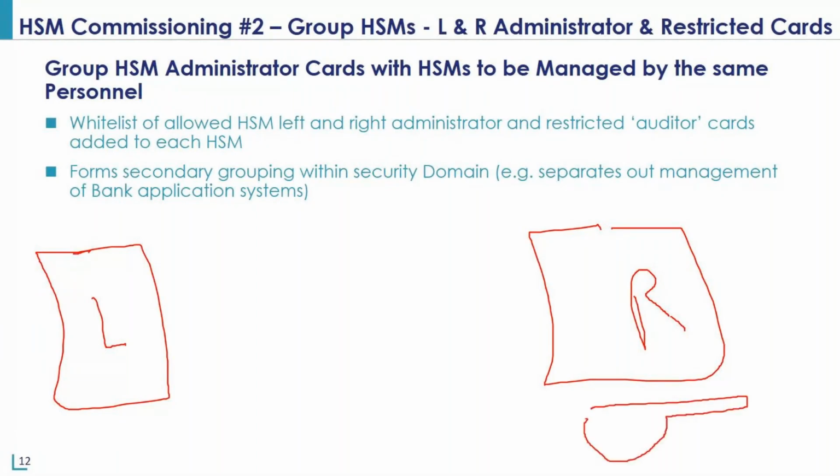You have a physical left key and physical right key in your data center, so these are just the replication of them. That means if you have to change the state of your PayShield 10K from a graphical interface, you require these two cards. Similarly, if you are in the data center, you require these two keys, left key and right key. So you have your left administrator card and your right administrator card.